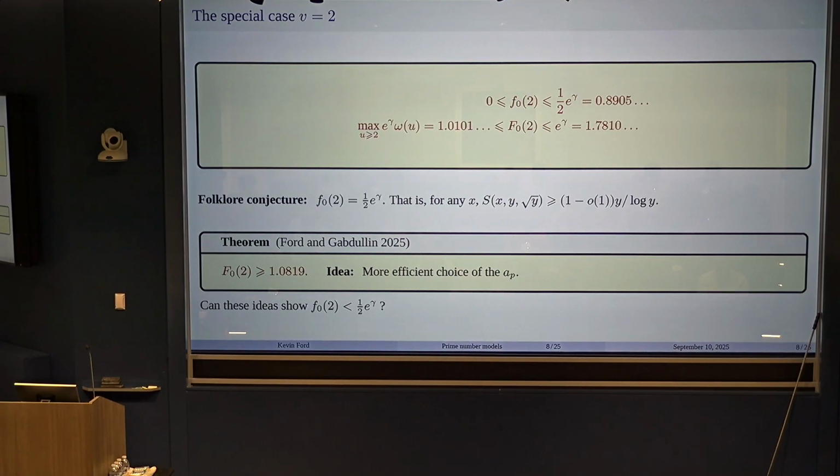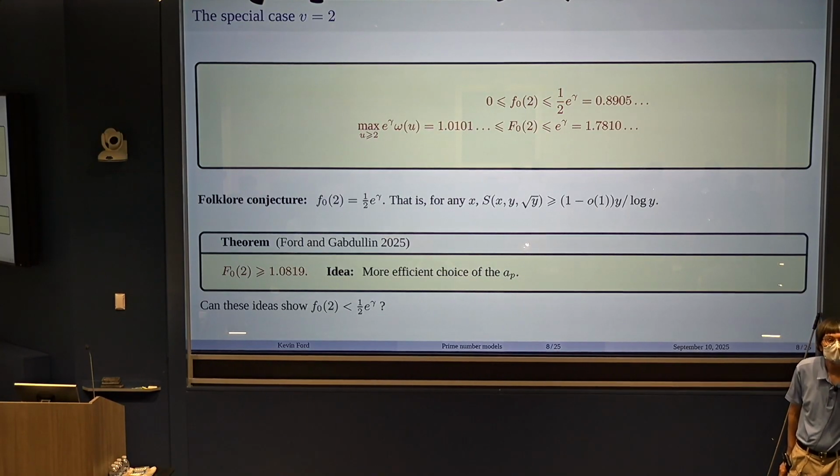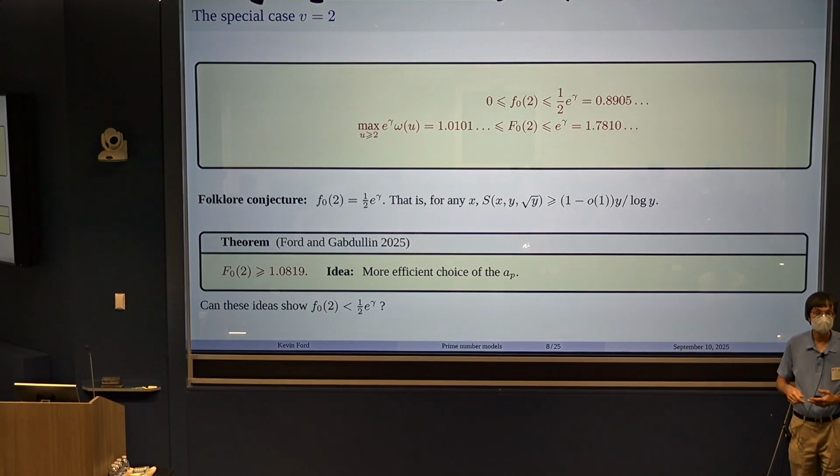Maybe a quick one, James, yes? Do these capture the limiting distribution of the difference between pi of x and li of x? I do not, we haven't tried, especially for our model, because we lack independence.